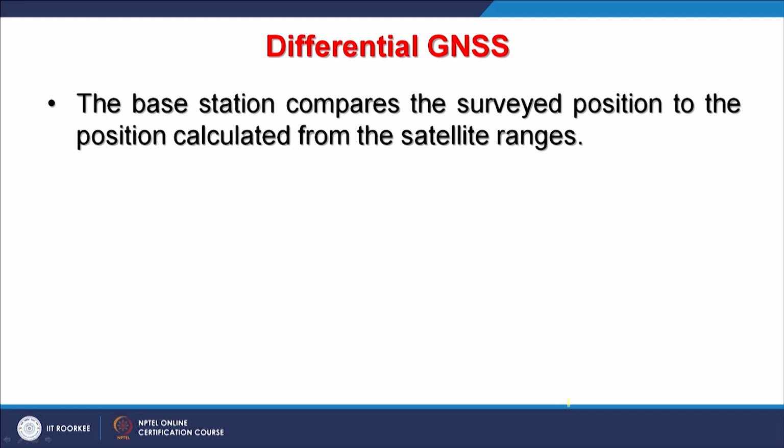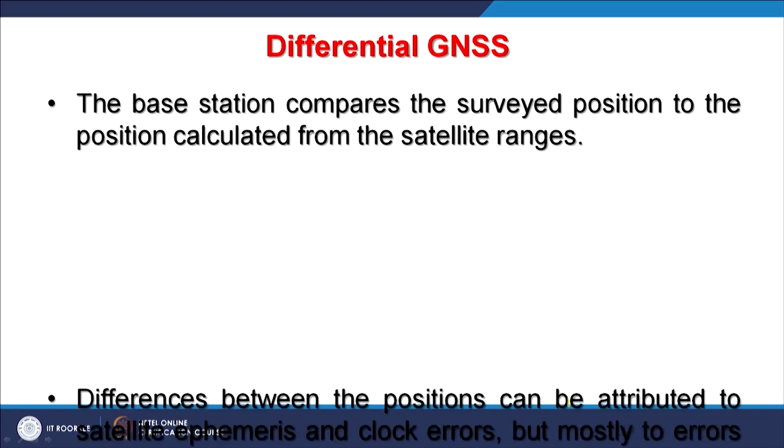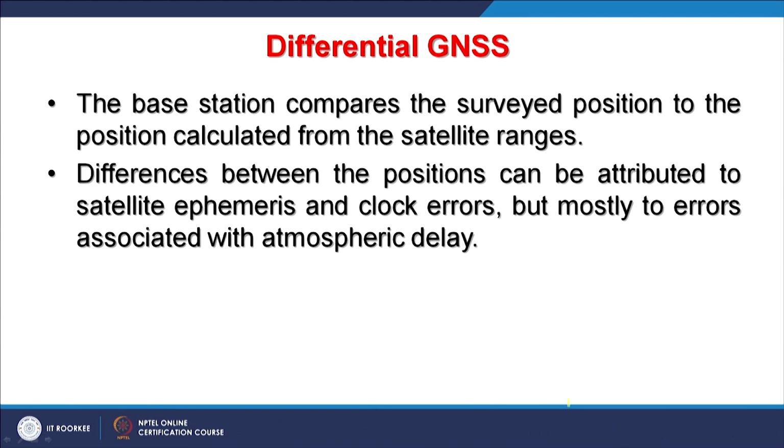And the base station compares the surveyed position to the position calculated from the satellite ranges, and differences between the positions can be attributed to satellite ephemeris and clock errors, but mostly to errors associated with atmospheric delays.